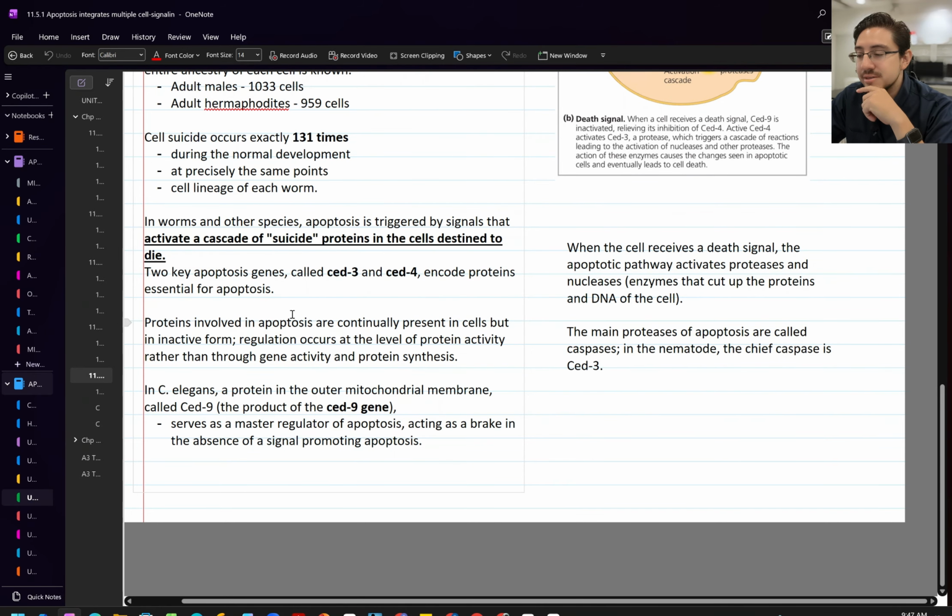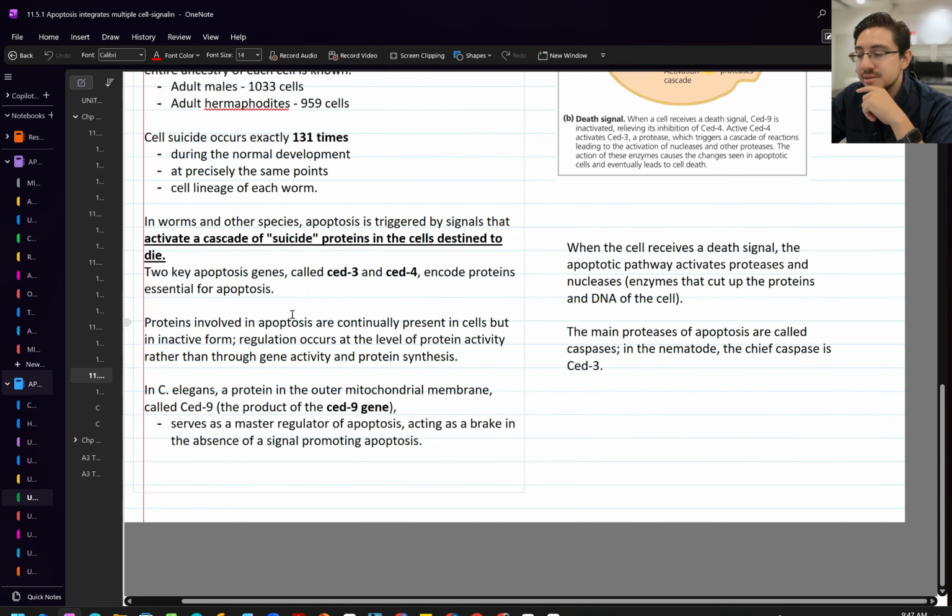These are proteins that code for apoptosis, and they're usually present in cells, but in the inactive form. So activating them is that key thing in the signaling pathway. Regulation occurs at the level of protein activity rather than through gene activity and protein synthesis.